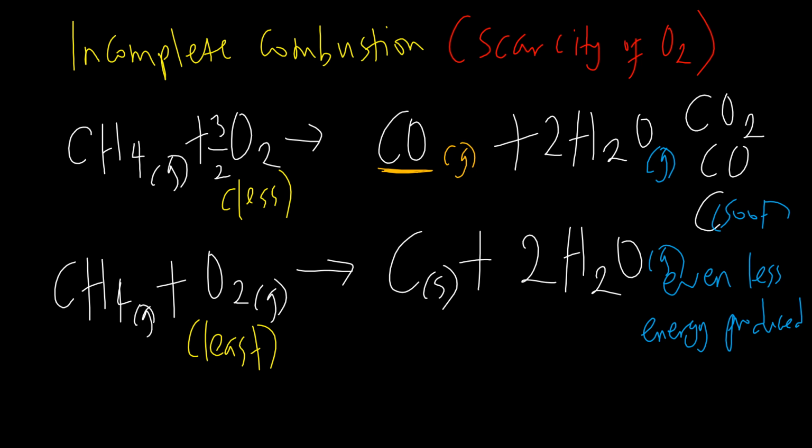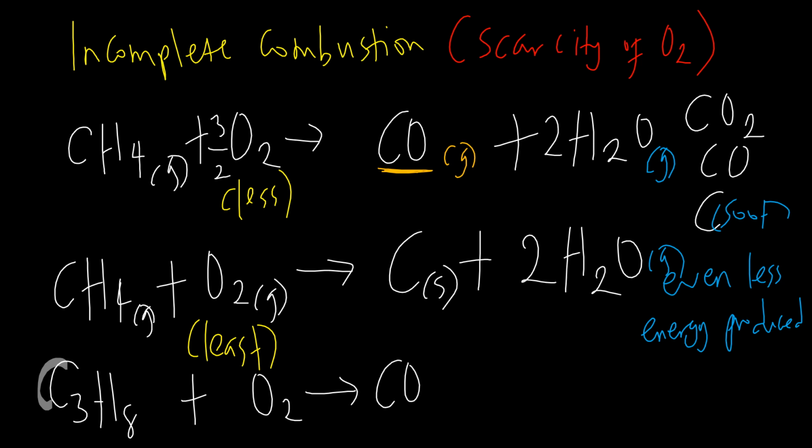And propane is, let me get my pen, C3H8. And that reacts with oxygen in a combustion reaction. And I can produce, if there's not as much oxygen as we would like, CO, carbon monoxide, and sometimes you produce carbon soot, and you will still produce that water.